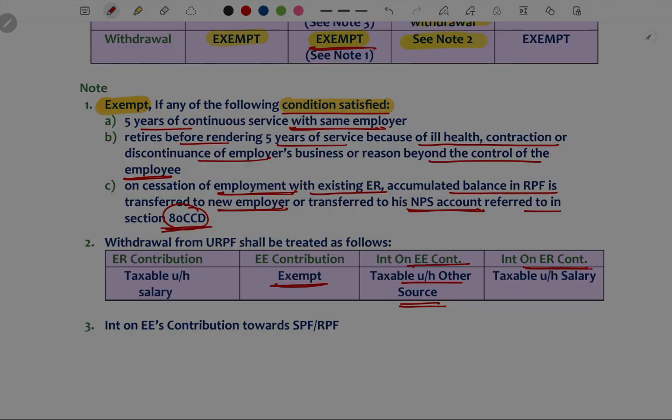Means what the employee has contributed would be exempt under the head salary. Interest on employee contribution will be charged under other sources. Employer contribution will be taxed under salary as perquisite.